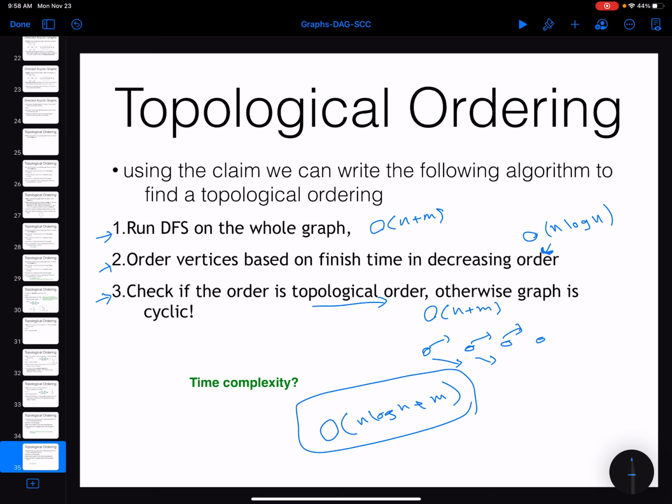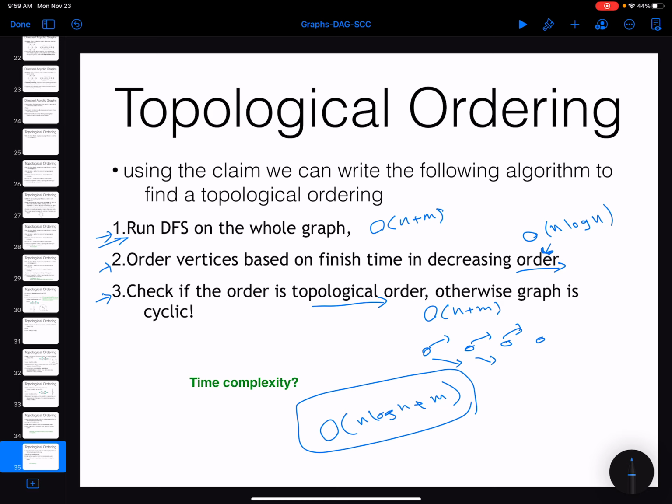I can actually do it without sorting the nodes based on finish time. What I can do here is modify the DFS, and whenever I finish with a node, I can store it in a separate array. This gives me the ordering of the nodes sorted based on the finish time in increasing order.